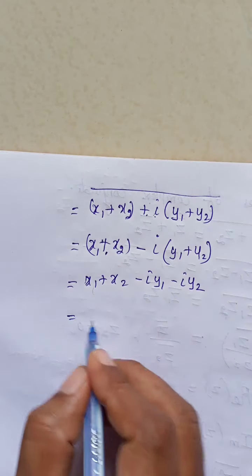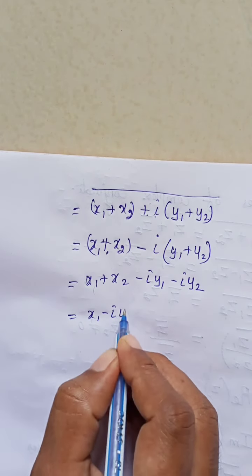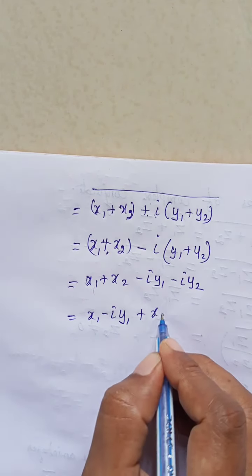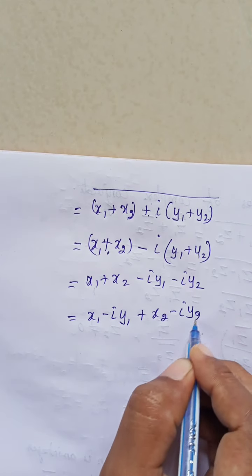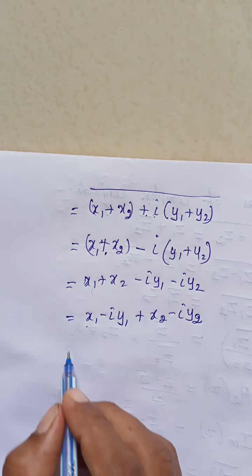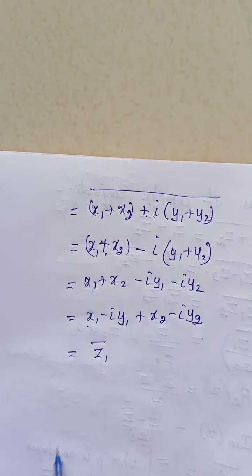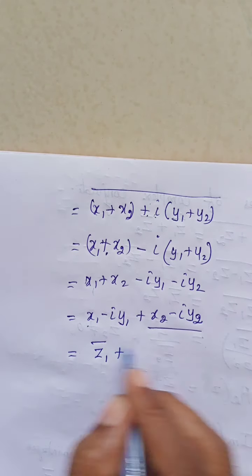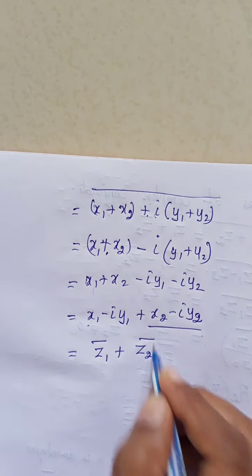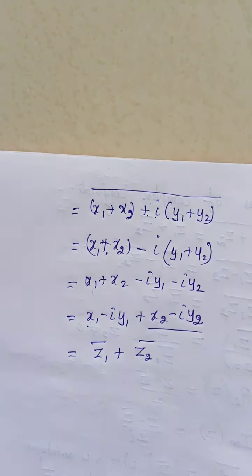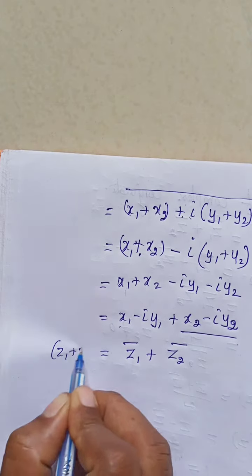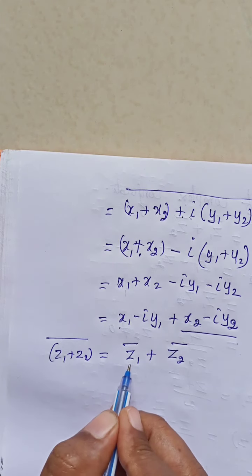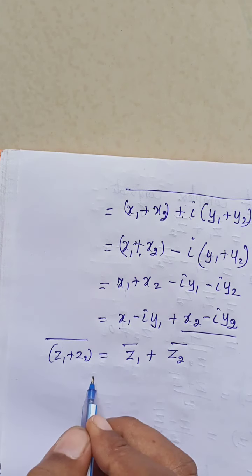Now combining together, (x1 minus i y1) plus (x2 minus i y2). Actually, this is the conjugate of z1 and this is the conjugate of z2, isn't it? So (z1 plus z2) bar we have got as z1 bar plus z2 bar.